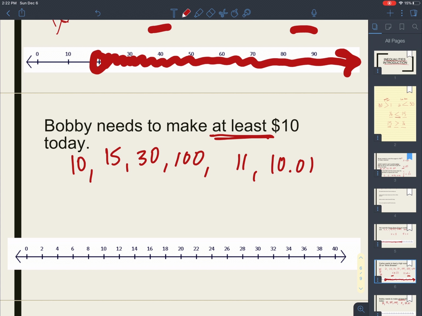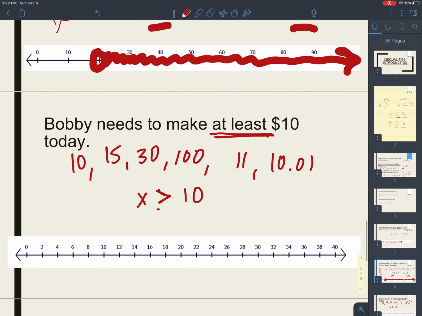So when we write that, we are going to say X needs to be bigger than, just like we did earlier, but we're also going to draw this line equal to. And so the greater than or equal to symbol looks like this. This means that X can be any number that is bigger than or exactly 10.